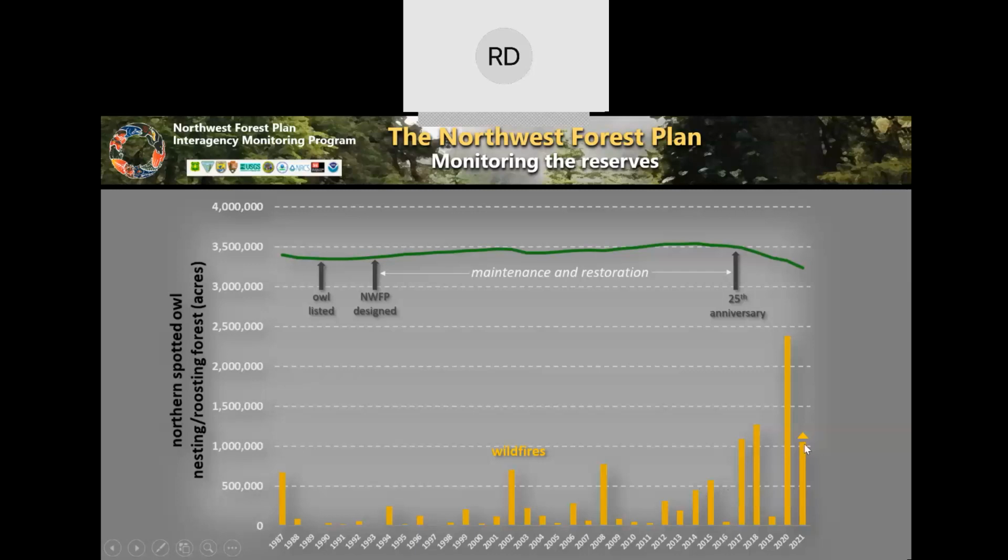Right now, it's a little over 1 million acres, and we'll see where it ends up by the end of the year. So we are interested to see whether this declining trend will continue, because currently we now have less old forest today than when the owl was listed and when we designed the Northwest Forest Plan in 1993. So that's not where we want to be.